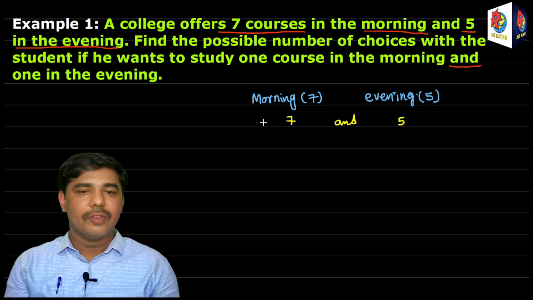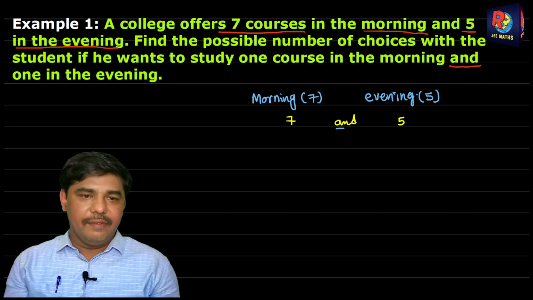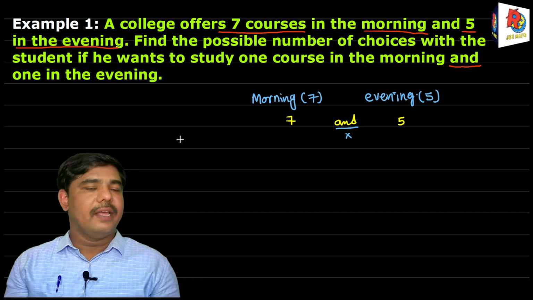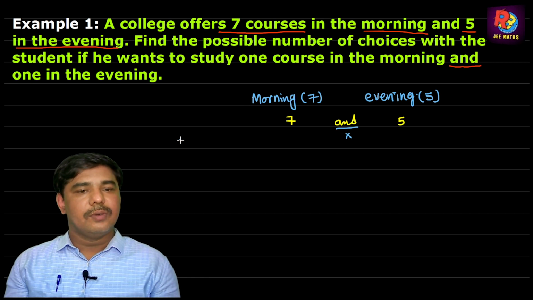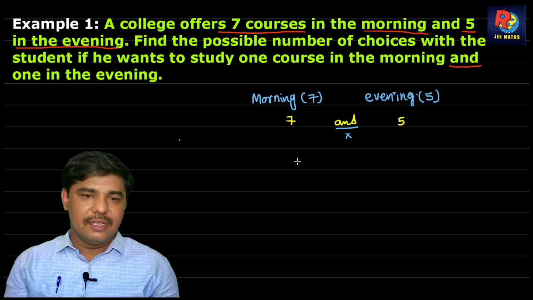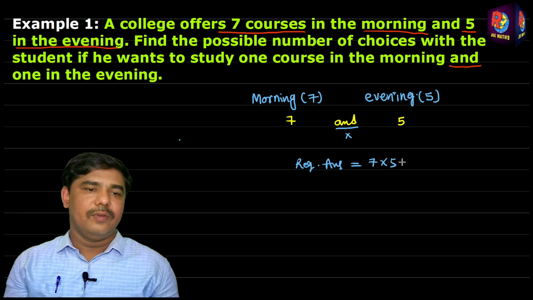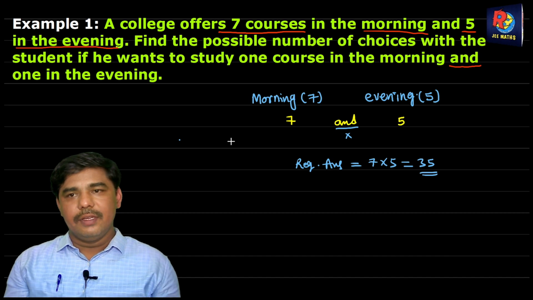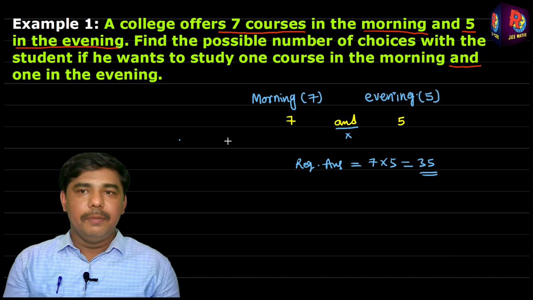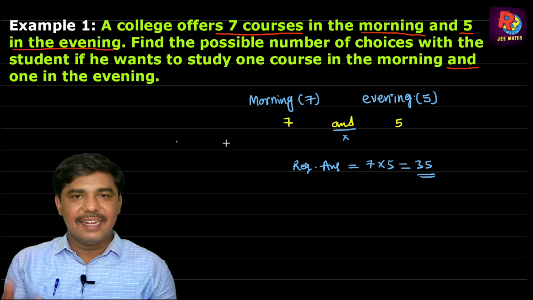Here the "and" symbol is there. Whenever you identify "and", you need to apply multiplication. So the required number of choices is 7 into 5, which equals 35 choices. This is the multiplication rule. That is one example.